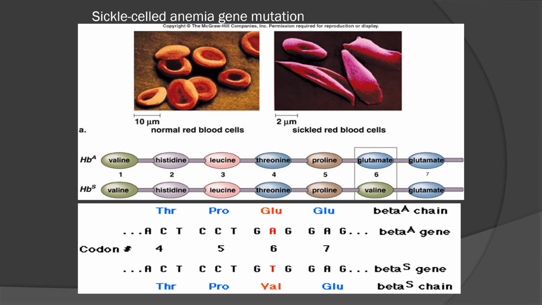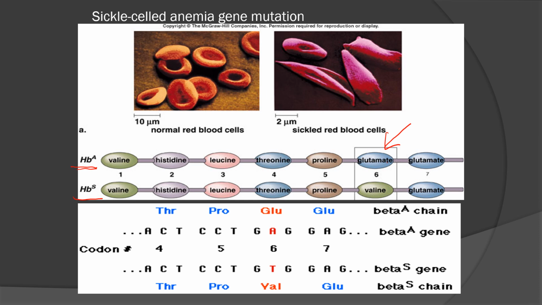Just to give you an example, we talked a little bit earlier when we did genetics about sickle cell anemia. Sickle cell anemia is a defect in the gene for hemoglobin, which is the protein in your red blood cells that transports oxygen. So normal hemoglobin, on the 6th amino acid, there should be the amino acid glutamate.